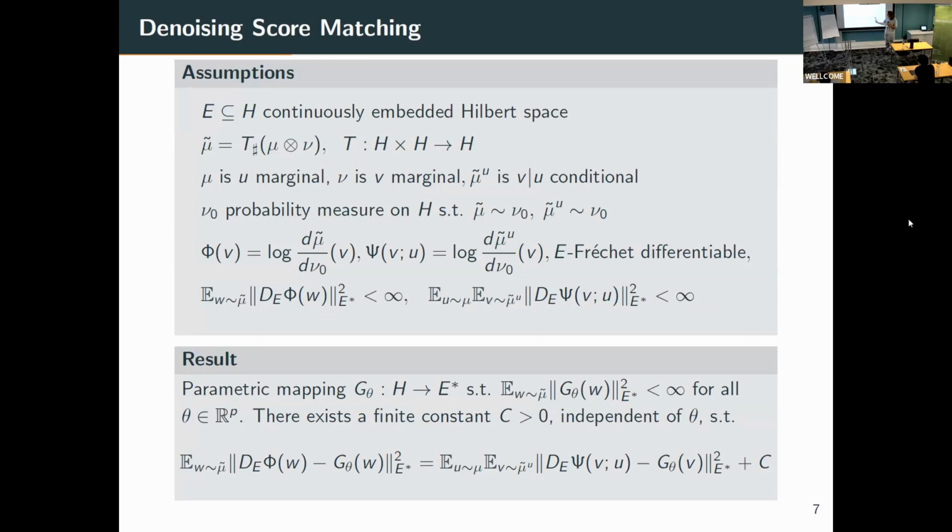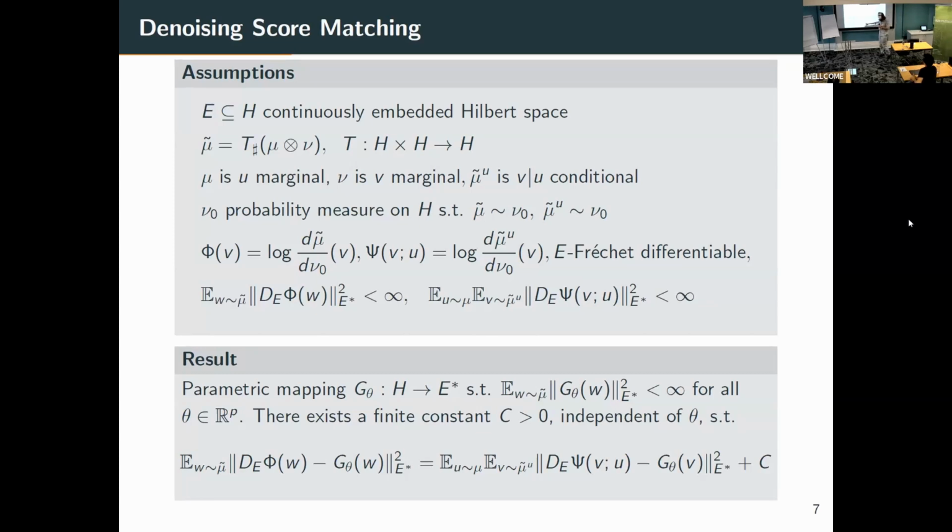And that's it. So given this assumption, if I define any family of parametric mappings, which map from H to E star, and I assume that for all parameters theta, these are also square integrable, then I can show that trying to match the score, so this is the loss function that one would usually want to solve, right?